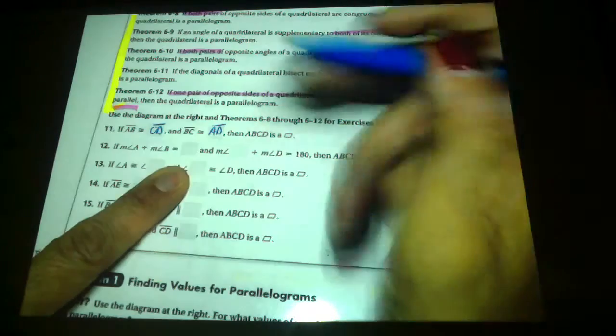Then they go on here to say that the measure of angle A, so this whole angle here, plus the measure of angle B is equal to what? 180 degrees, and the measure of angle blank and D equals 180.